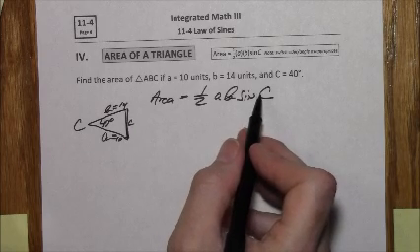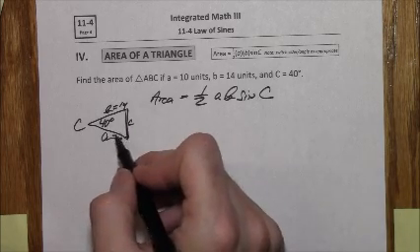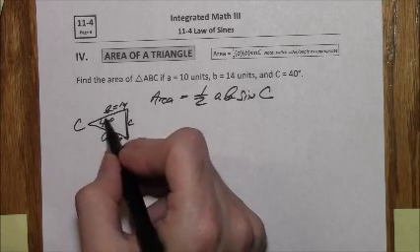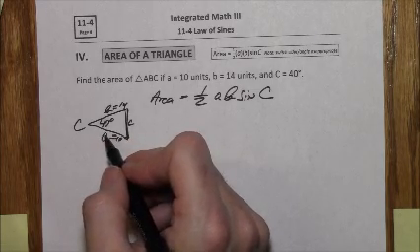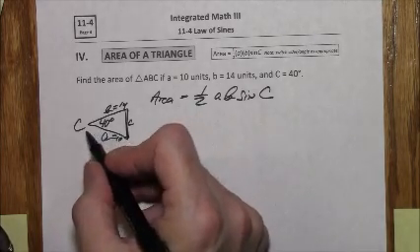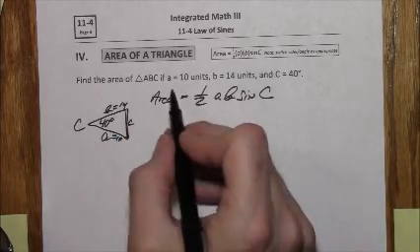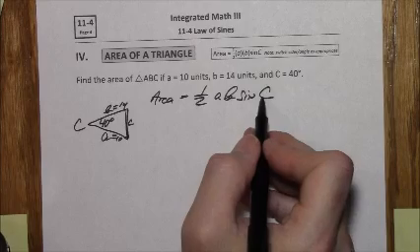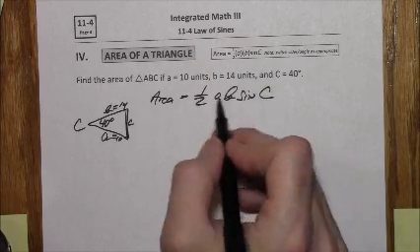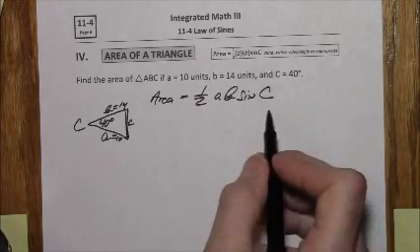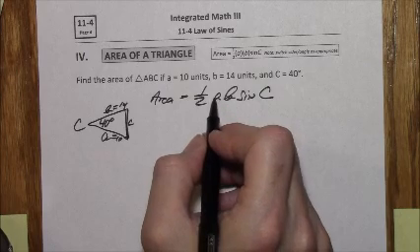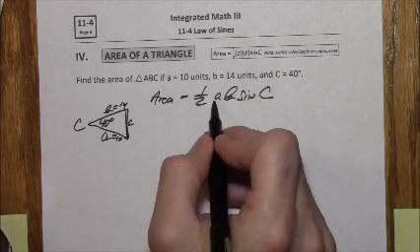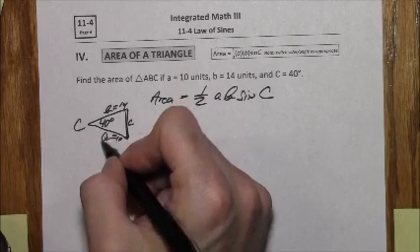We can fill this in, and it would tell us the area of the triangle just by knowing these three things: two sides and the angle that's in between the two sides. By the way, if we had called this B, C, and A, we would have had B, C, and sine of A. In other words, you can move these around based upon the information you're given. It doesn't matter as long as you have two sides and the angle that doesn't match either of those, the angle in between them.